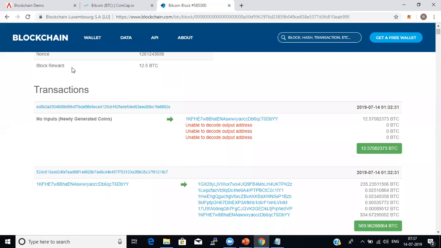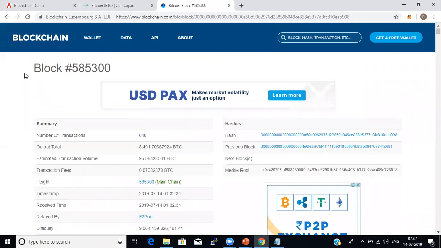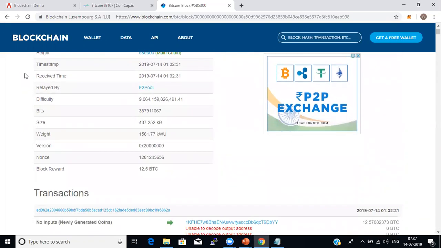So how does a miner achieve block creation? Once you successfully create the block, only then will the reward come to your account. So how will a particular peer or node win that reward? What is the mechanism?